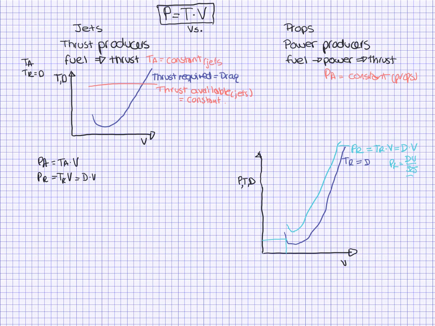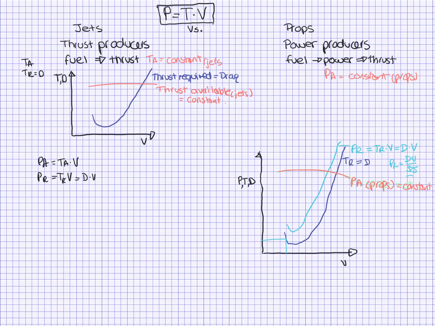So now if I want to draw power available for props, it is going to be constant. Okay, let's do it in red actually, because we can see it better. So power available for props is going to be constant.